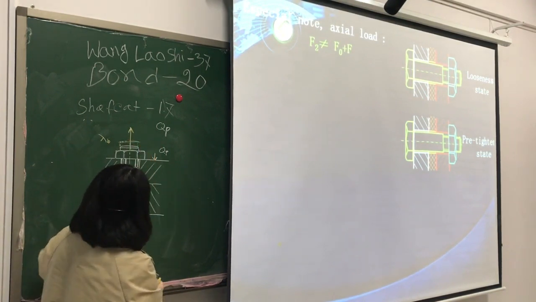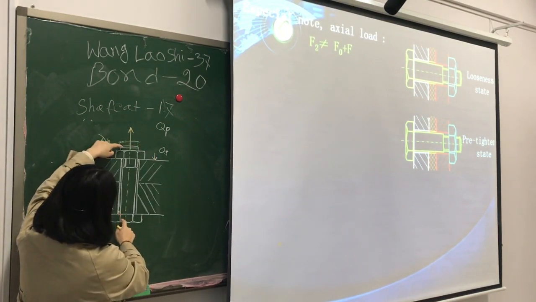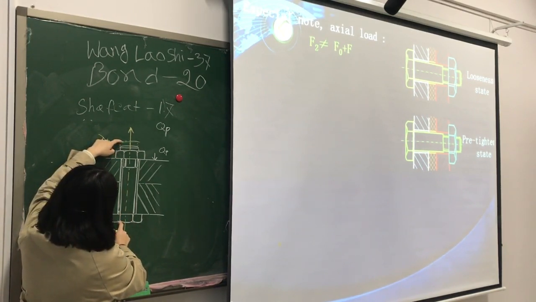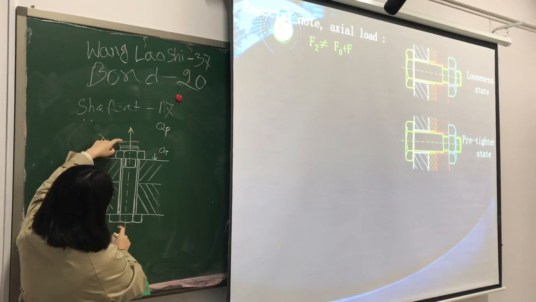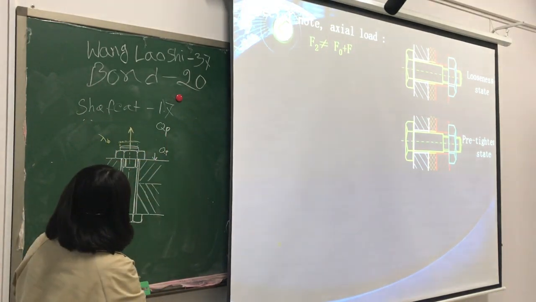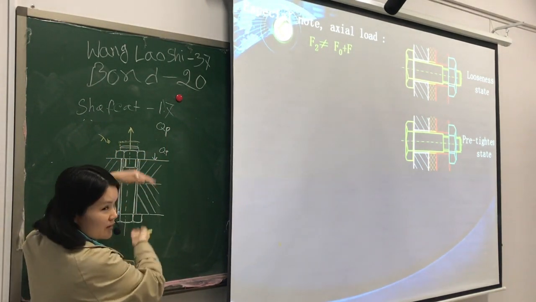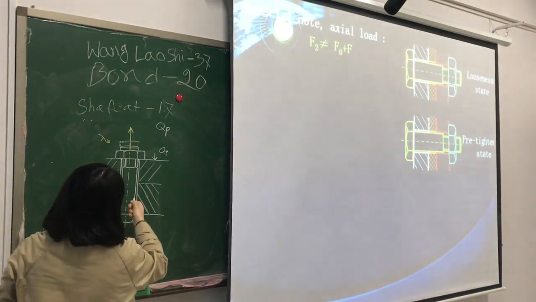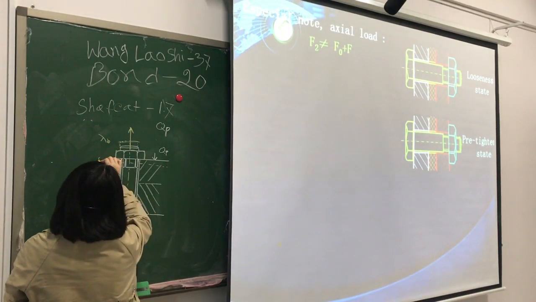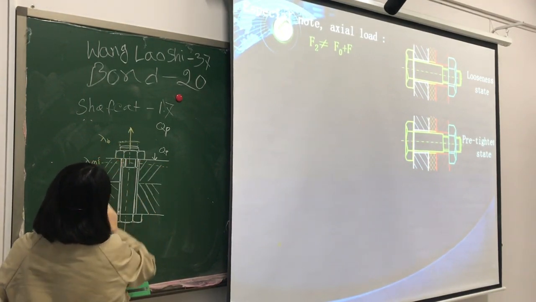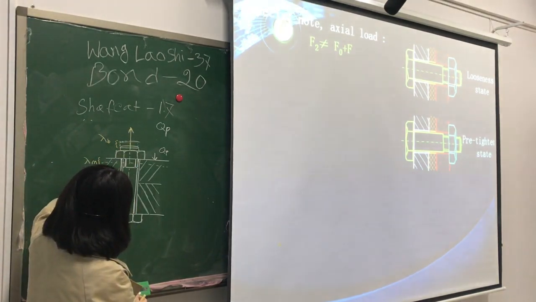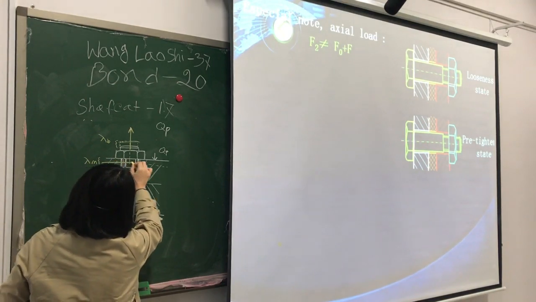And this is the initial length, and this is the length after the preload. And the members will be compressed with a deflection of lambda m. Okay, so this is the compression.